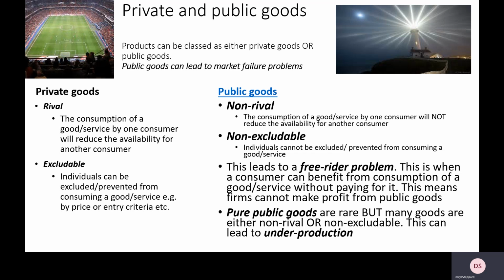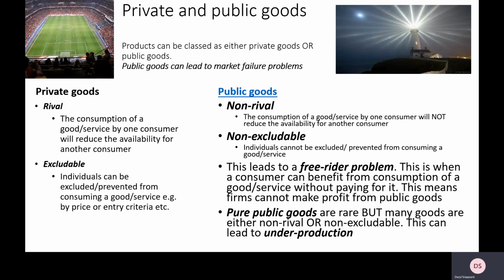The reason why is it's possible to generate profit from these products. So if a football team wants to generate an income from charging people to come inside their stadium, they can. That is because it's rival and excludable. The consumption by one person reduces the availability for somebody else, but it's also excludable. If people don't pay to come in, then they cannot benefit from that football game.